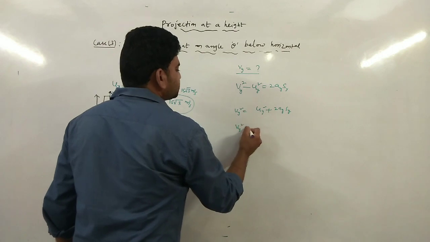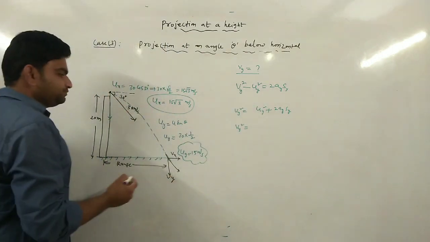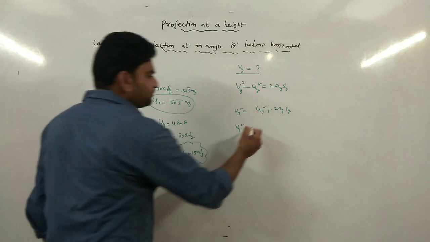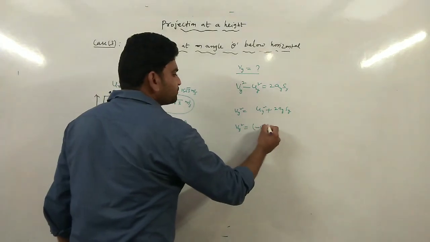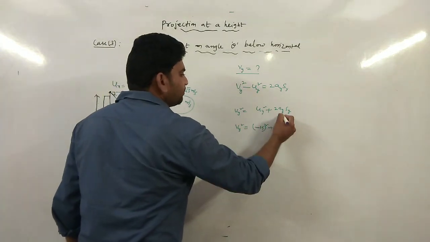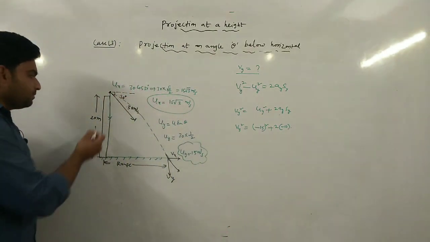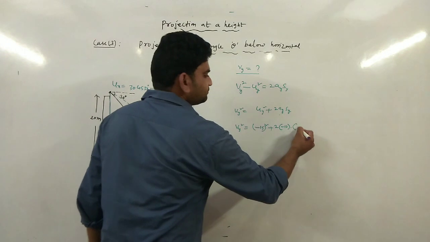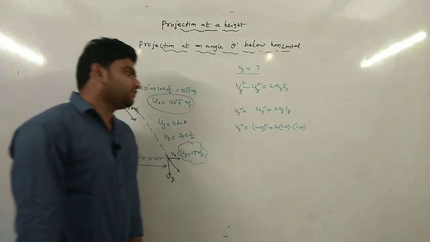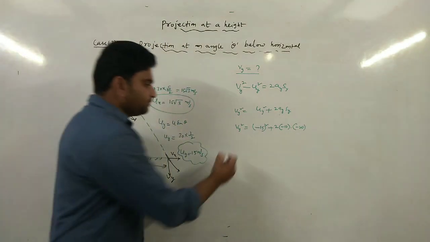So from here vy square equals, what is my uy value? My uy value is minus 15 whole square plus 2 into my ay is minus 10 into my sy is nothing but minus 20, right? And from here we can simplify this again.